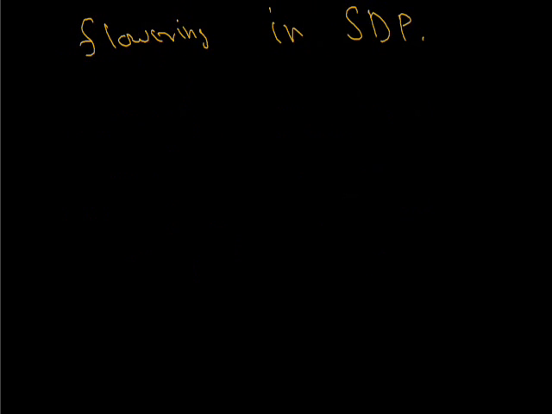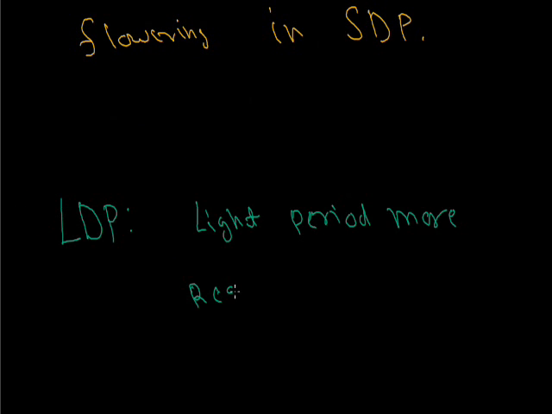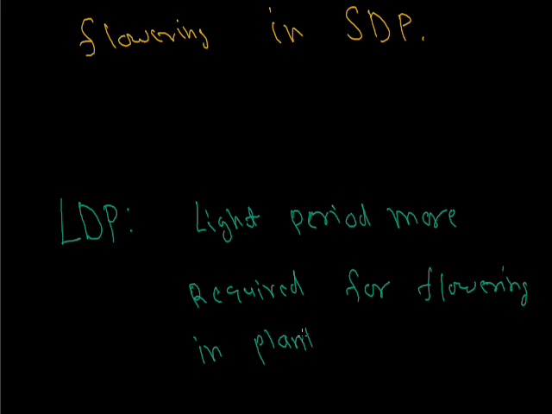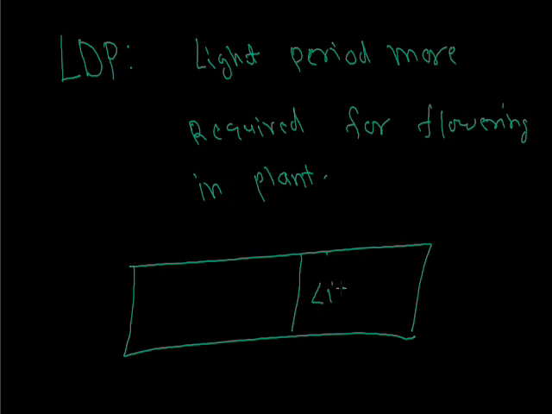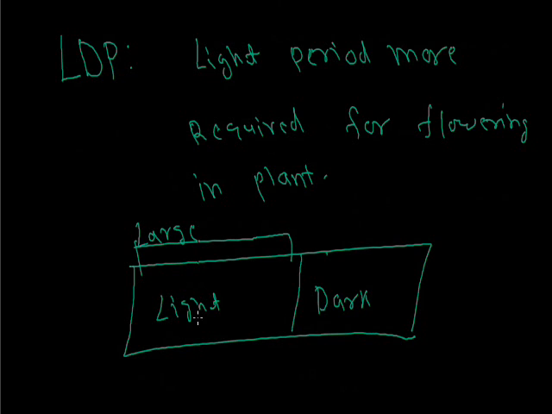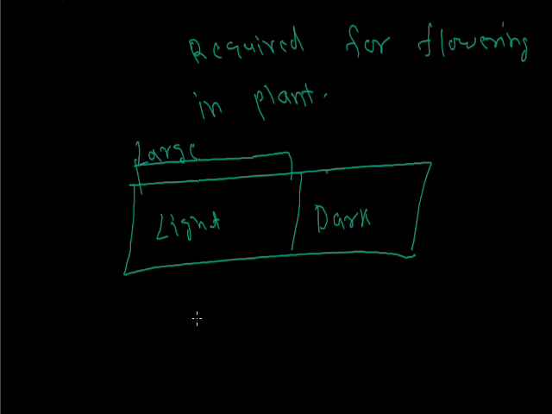Okay, and next is the long day plant. As an example, in a long day plant the light period is large, so a longer light period is required for flowering in LDP, the long day plant.